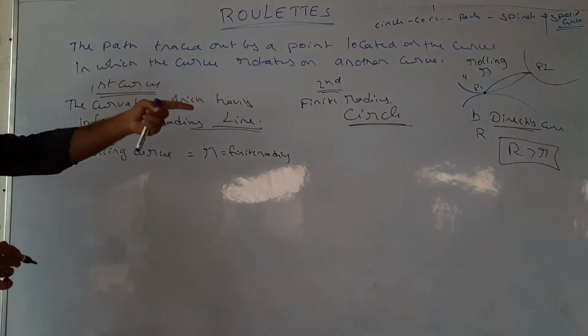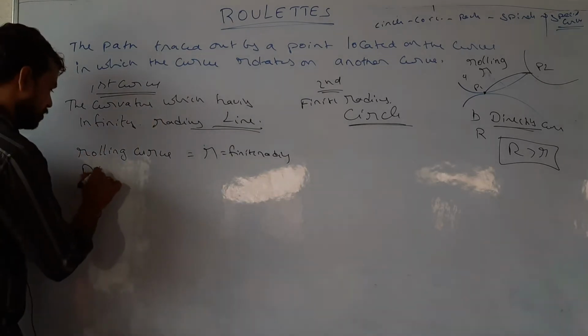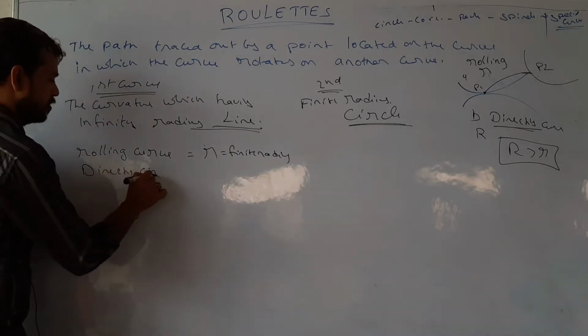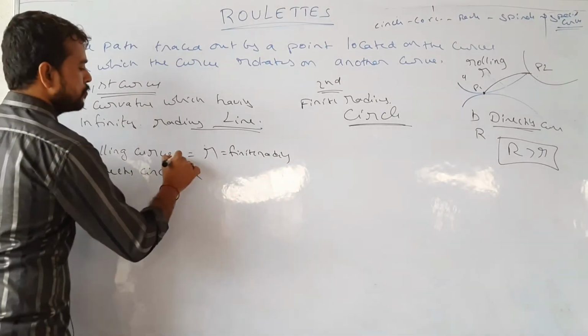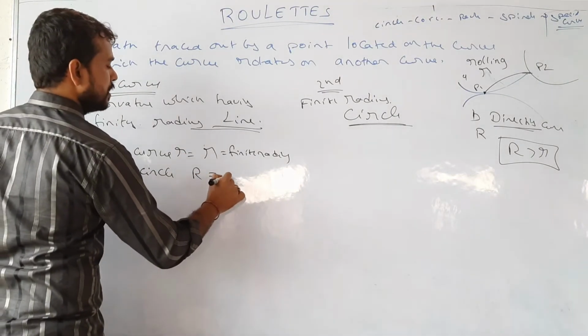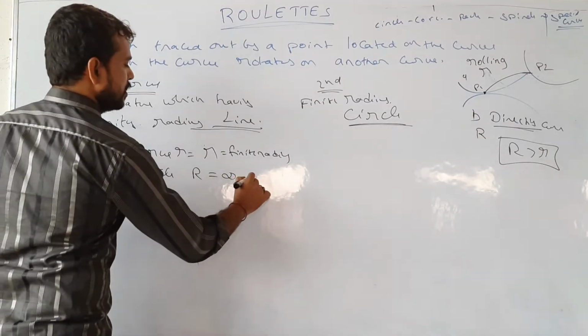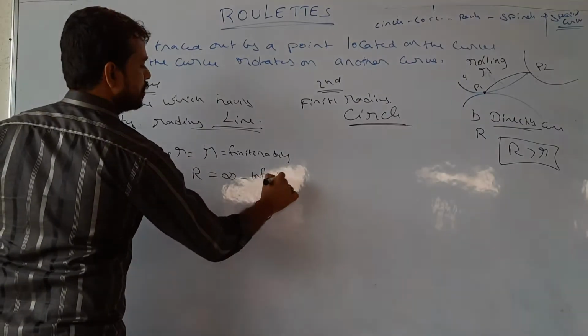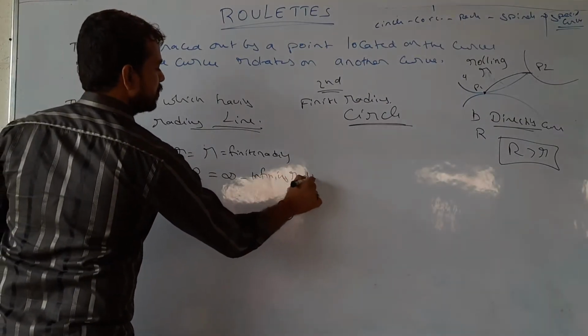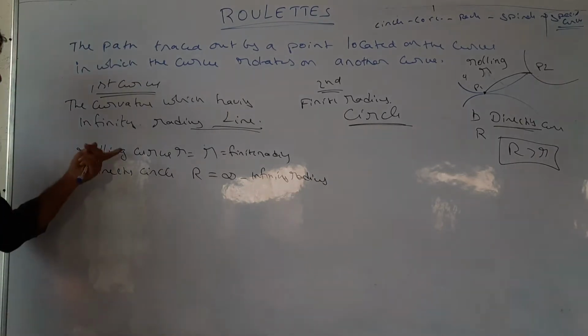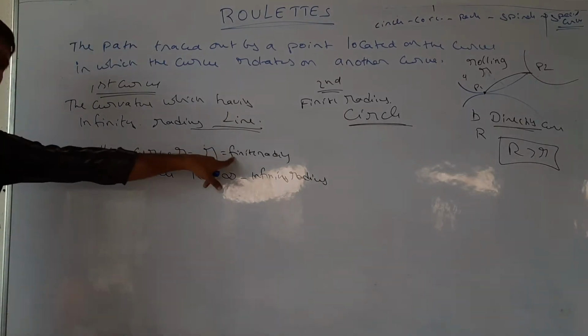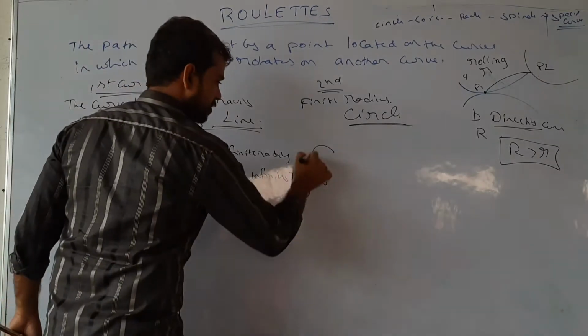And the directing circle, which is fixed, has radius capital R equal to infinity. The rolling curve radius is finite, that means you will get a circle.